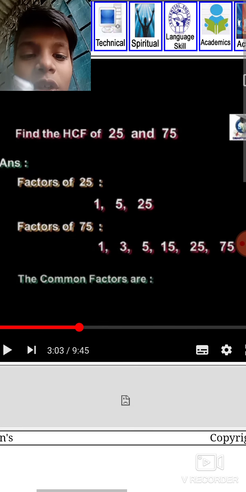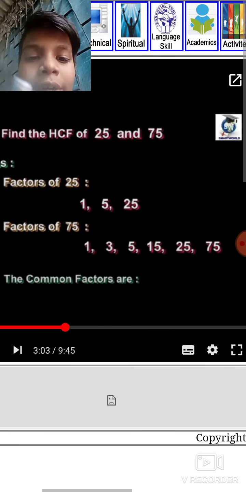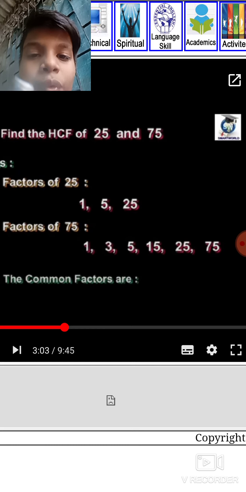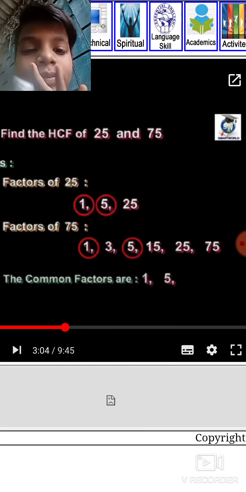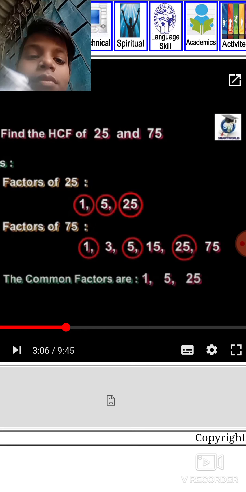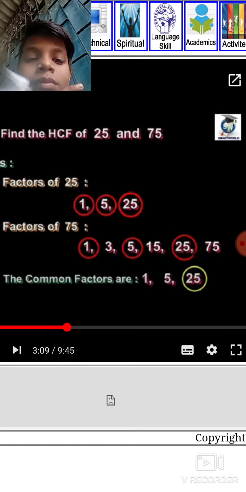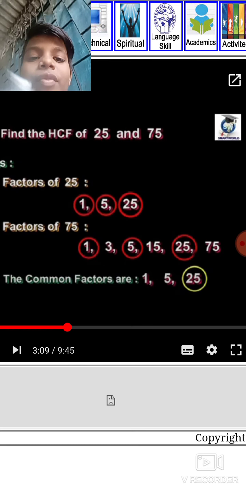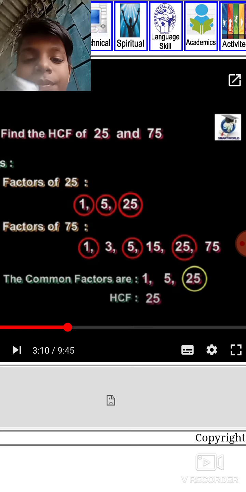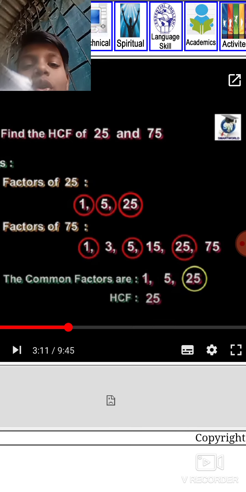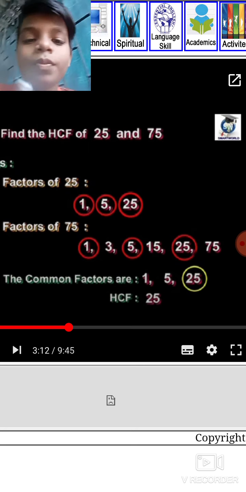Now the common factors are 1, 5, 25. And the highest common factor is 25. So HCF is equal to 25.